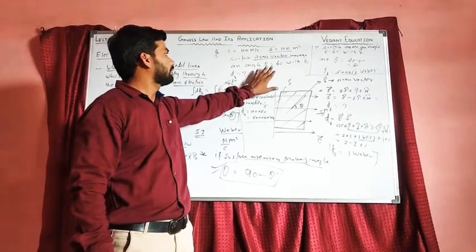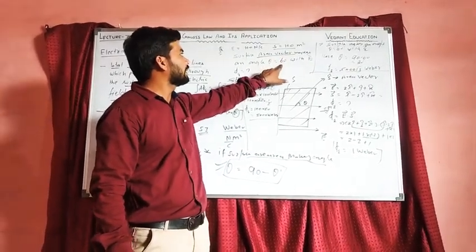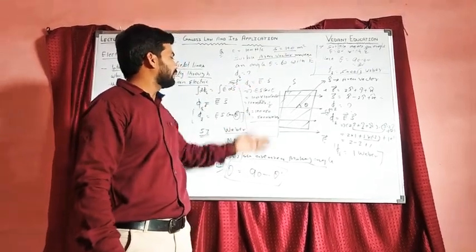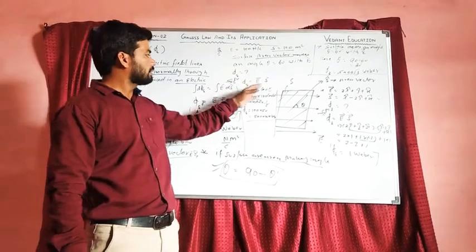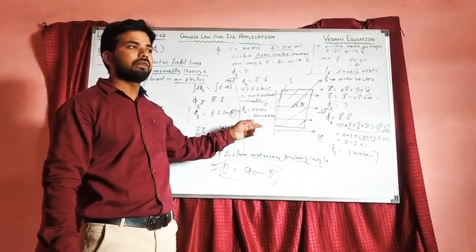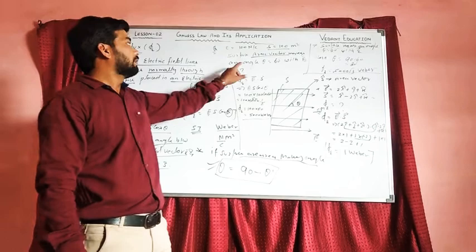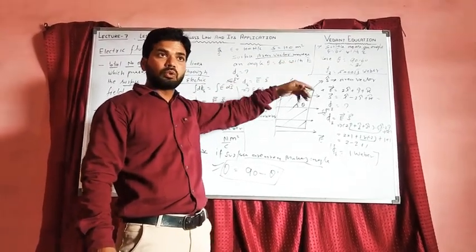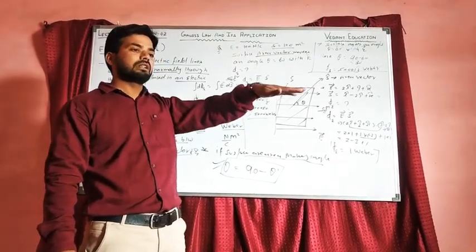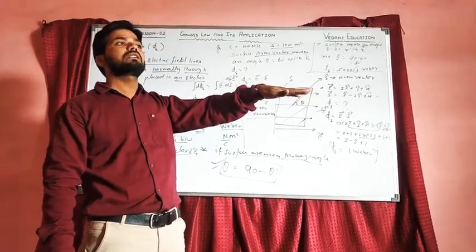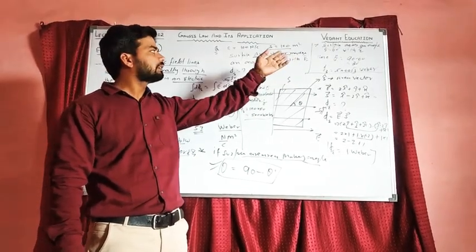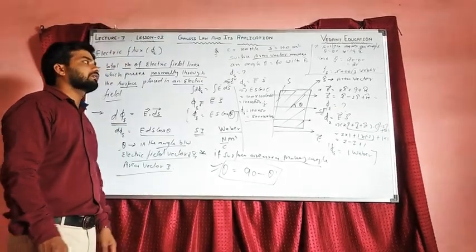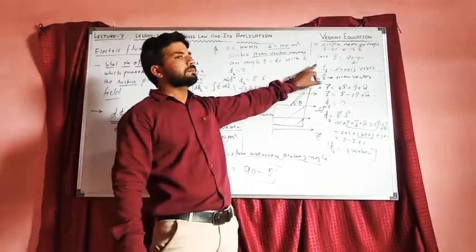In the second type, the area vector, angle, E and S are given; by using the formula phi equal to E dot S, ES cos theta, you calculate the electric flux. If the area vector is not given, and the question says the surface area or sheet placed in the electric field makes an angle theta, like 60 degree or 30 degree, then you calculate the electric flux by following this process.